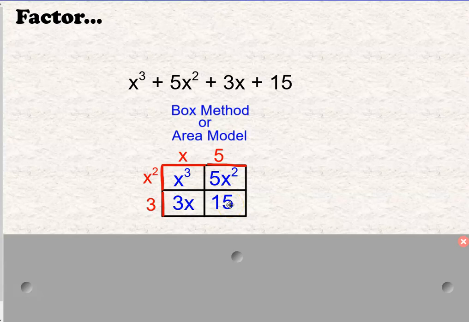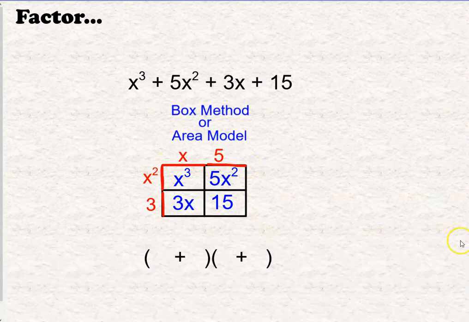So what the box method has done is it's given me a new way to write the area of the big box, the x cubed plus 5x squared plus 3x plus 15, as a product of these 2 binomials. And so basically this thing factors into x squared plus 3 times the quantity x plus 5.